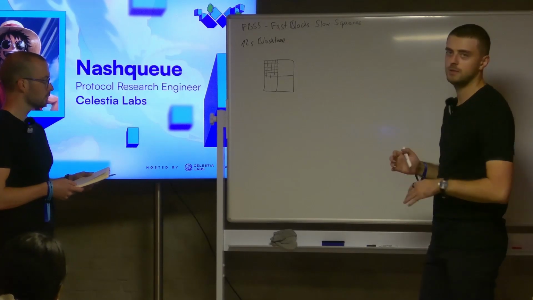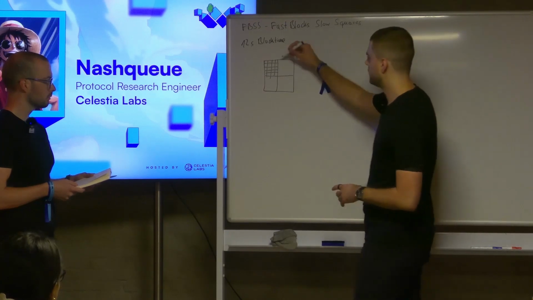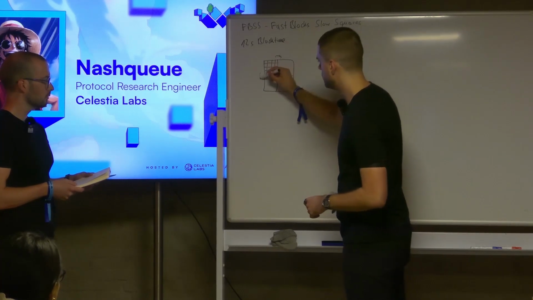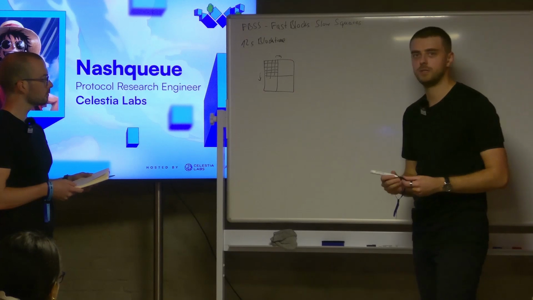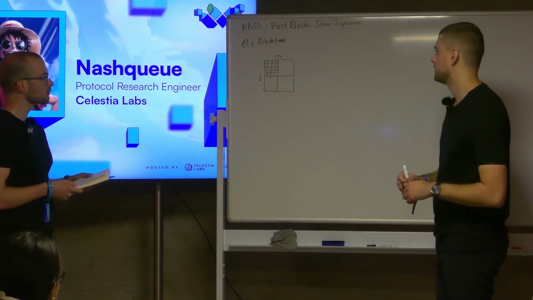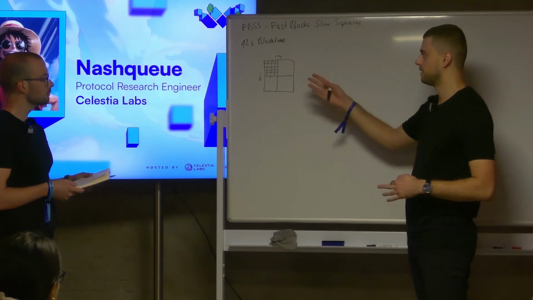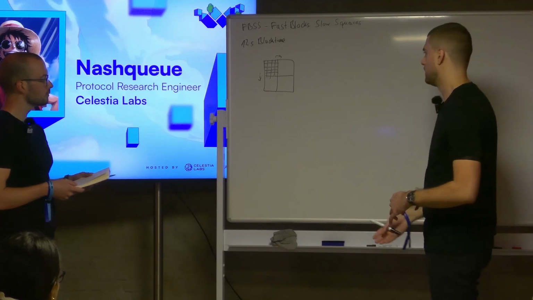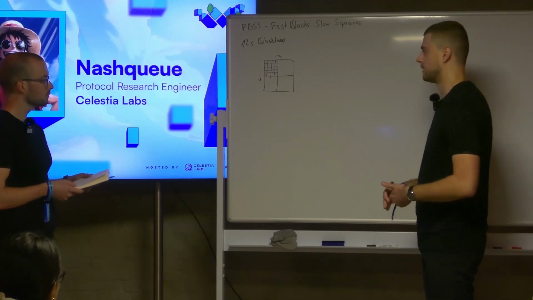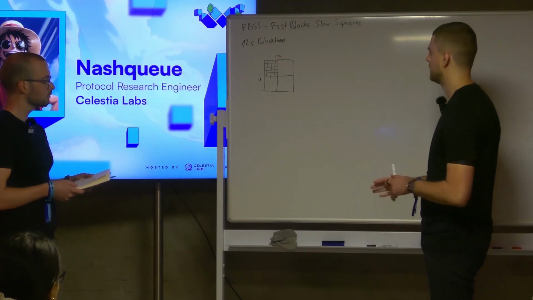In those shares, the data is being written. And then you erasure code it. The erasure coding part is done for the light clients, so they can sample over it and then reconstruct the data for full nodes. But this is not what the topic is about.